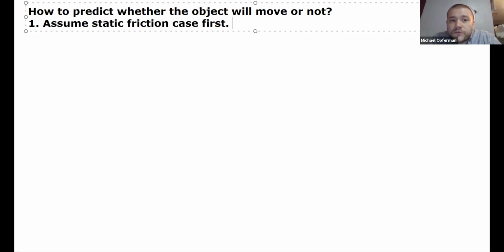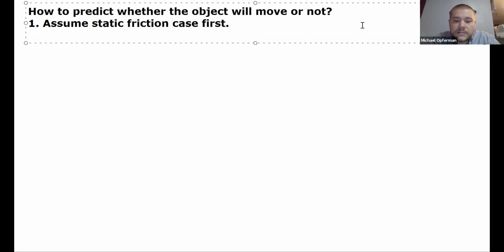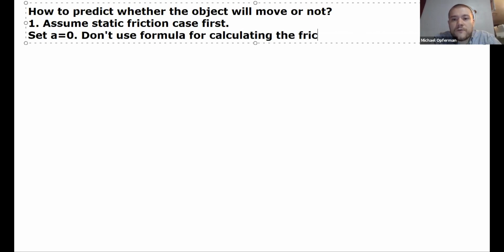As a result, when you assume static friction, you set the acceleration equal to 0 because it's static, and you don't use any formula for calculating the friction force.